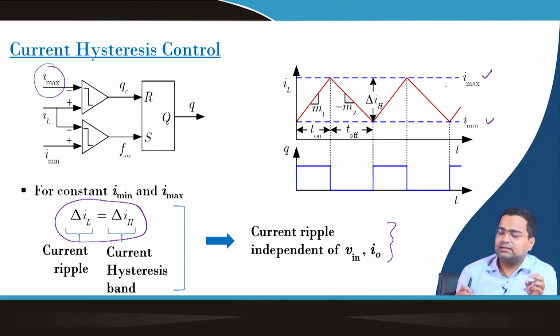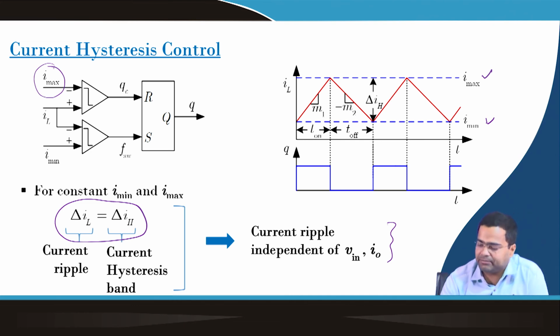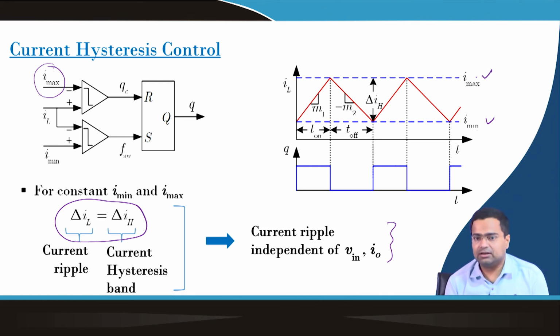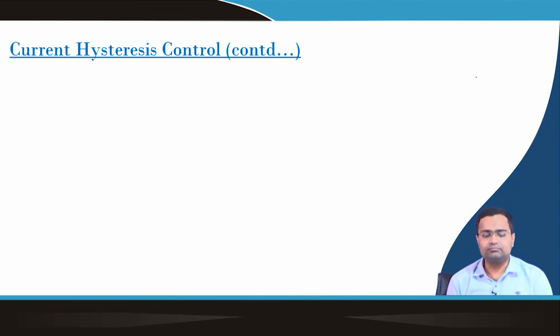As a result, the current band will not remain constant; the inductor current ripple will not be the same as the hysteresis band, as we will discuss.